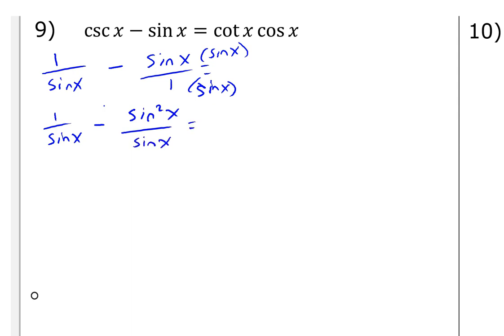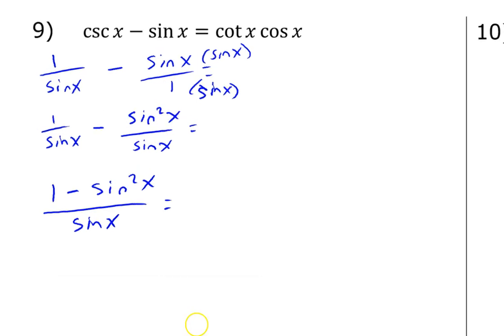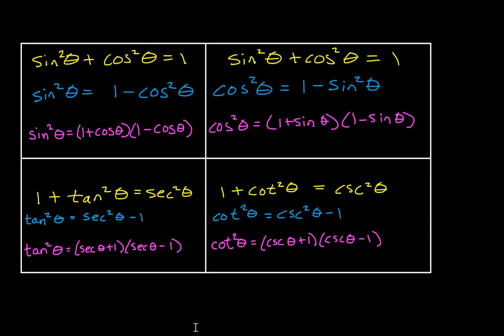With my like denominators, I can now put these together, and it becomes 1 minus sine squared x over sine x. That looks like something off of my chart of identities that I've memorized. 1 minus sine squared is cosine squared.